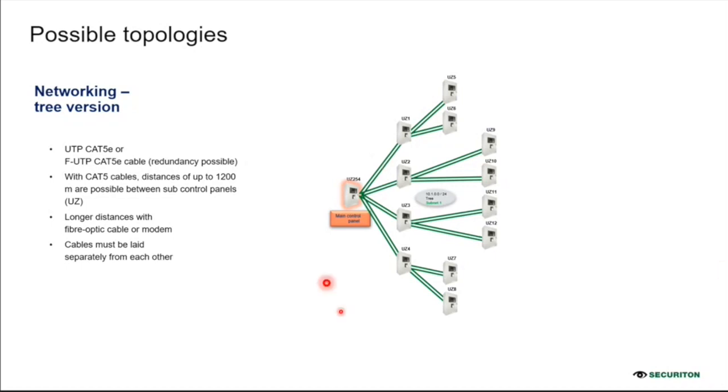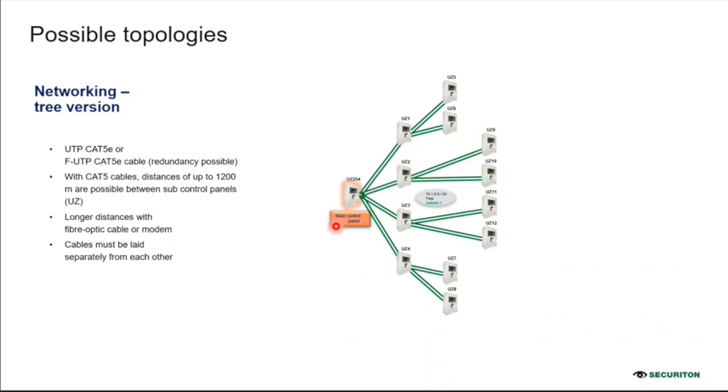So what's the main difference in function between SecuriLAN and SecuriWan? In the SecuriLAN, we don't distinguish the panels into main panel and sub panel. They are all considered main panels, so all the events are transmitted to all the panels.